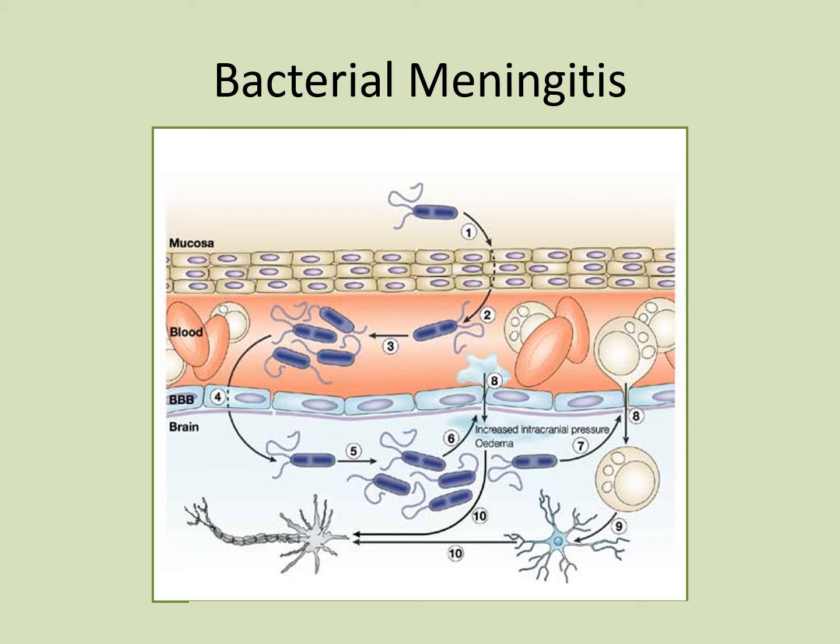And in step 5, subsequently, bacteria can induce an increased capillary permeability of the blood-brain barrier. This leads to edema and increased intracranial pressure. Let's see there in step 8, we see increased intracranial pressure due to the swelling and edema.